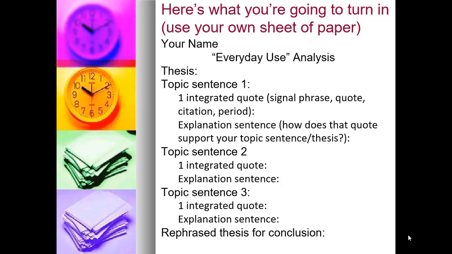Repeat that for your third literary element. And then the last thing you're going to do is rephrase your thesis. Put your thesis into new words. Put it into a different structure. Add a concluding transitional phrase like in conclusion or as you can see or based on this analysis, right? So that's all I'm looking for.